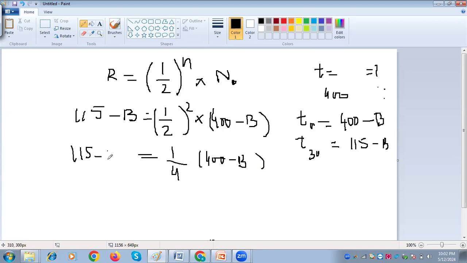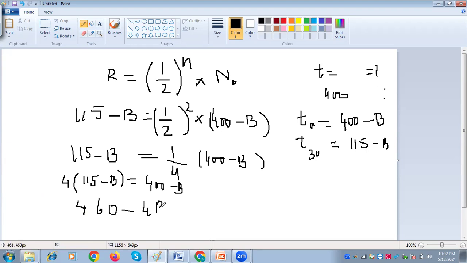So if you take 4 to this side, 4 into 115 minus B is equal to 400 minus B. So 4 into 115 is 460 minus 4B equals 400 minus B. We can keep similar variables at the same side.